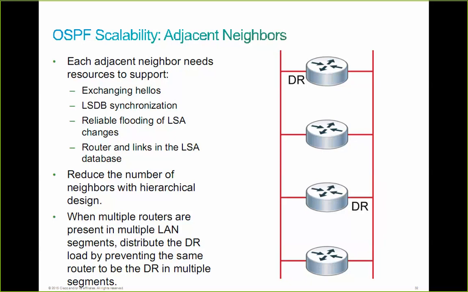What about Type 2 LSAs? Type 2 LSAs are called network LSAs. What do they represent? It's just a link between the two routers within the area.